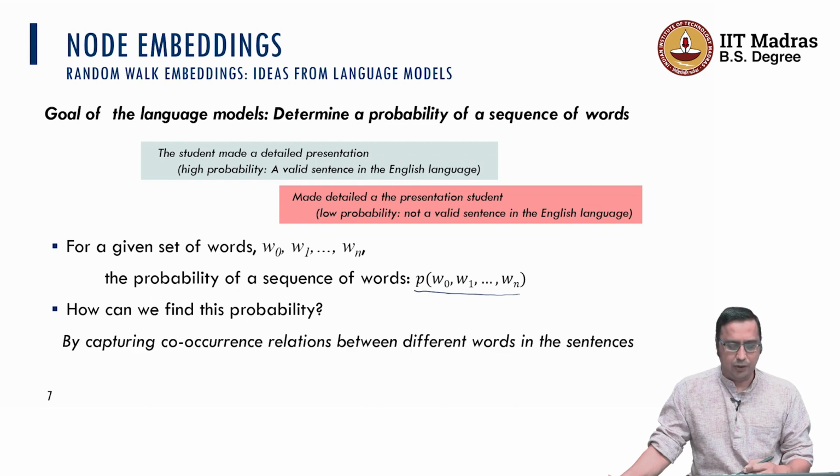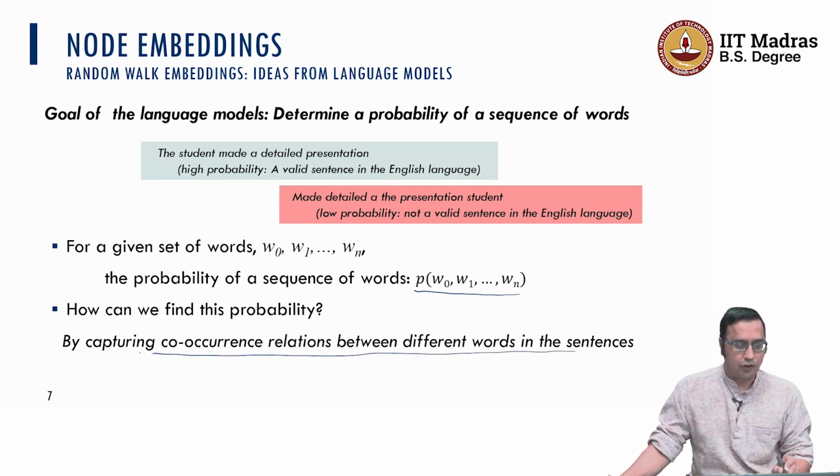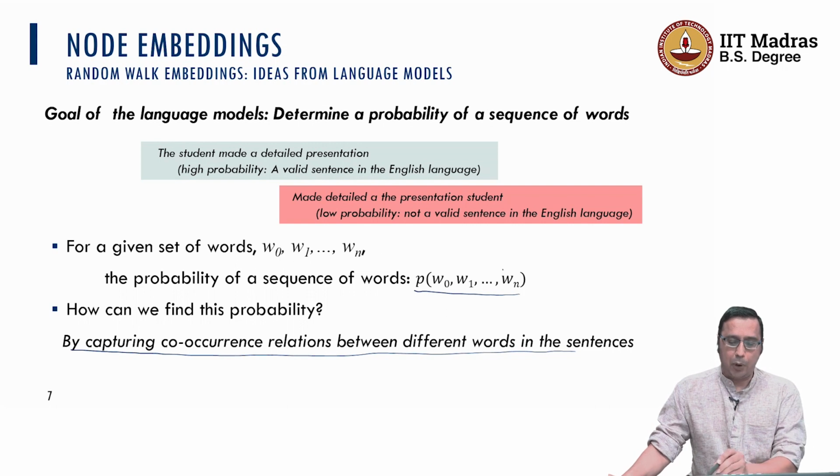We can use data and see if we can capture the co-occurrence relationships between different words in the sentence, or set of sentences, or corpus. We examine them and try to find out the probability of different sequences of words based on their co-occurrence.